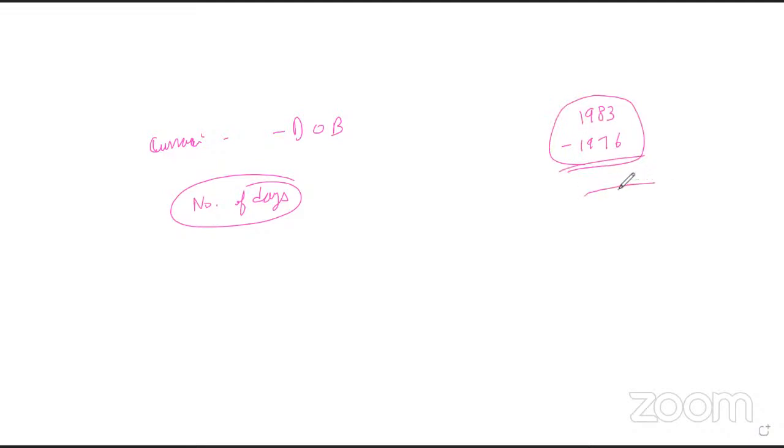How do we calculate age then? In general, we consider 365 days as 1 year. So to calculate your age, from the date of birth you calculate how many days there are till the current date, and then you convert it into years. That's how you identify your age.